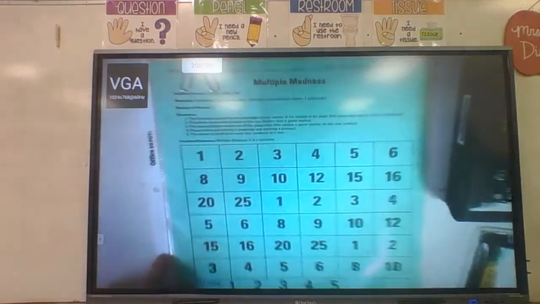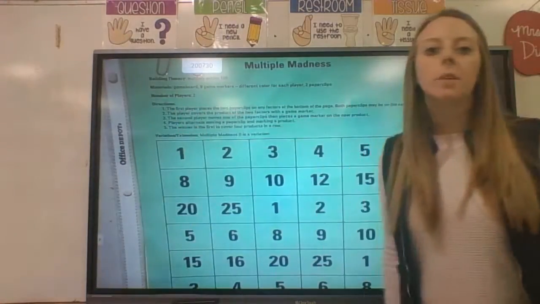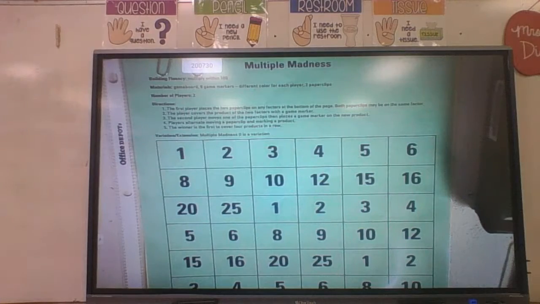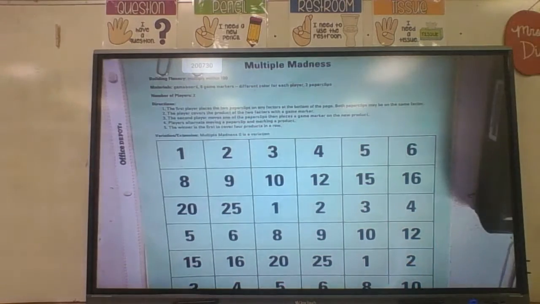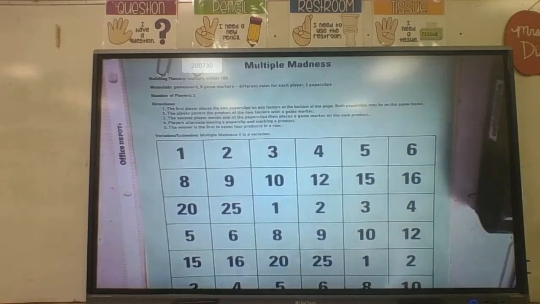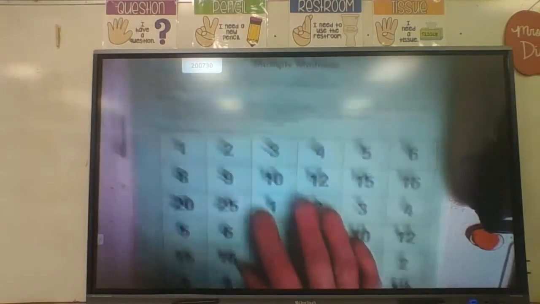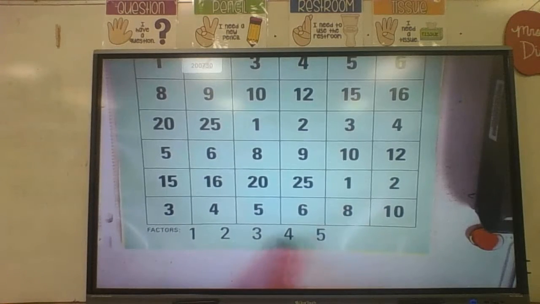All right, so let's play Multiple Madness. If there are directions at the top of the board, if you forget or you can't remember, just refer to those to help you. So number 1, it says the first player places 2 paper clips on any factors at the bottom of the page. So I'm going to take my paper clips, and if you notice at the very bottom, it has factors. 1, 2, 3, 4, 5.